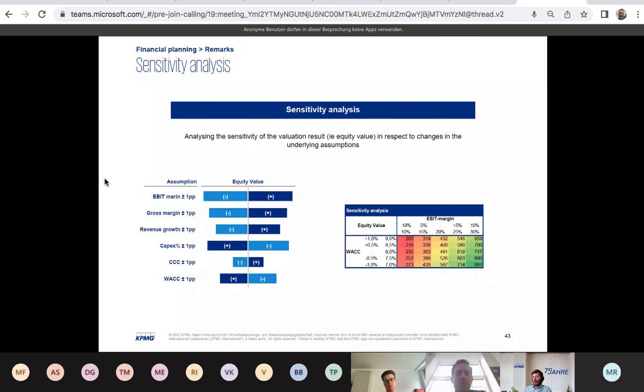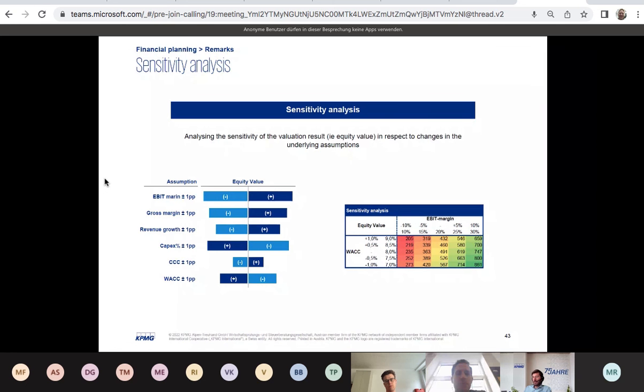And it's good in terms of estimating how, for example, a 1% drop in the EBIT margin would reflect in the value of your company.